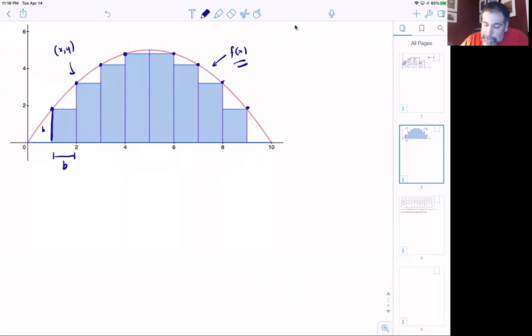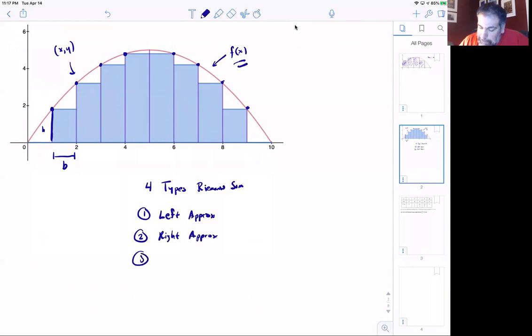And I should say this, there are 4 types of Riemann sums that we need for the AP exam. Those 4 types of Riemann sums are called a left-hand approximation, a right approximation, or a right-hand approximation as I often call it. We're going to use a trapezoidal approximation.